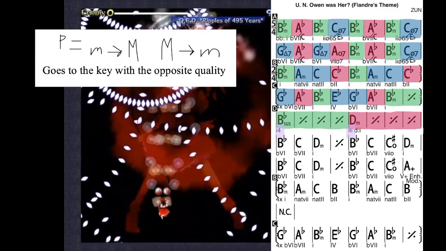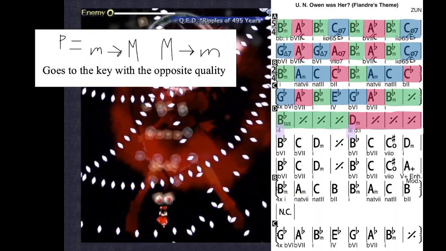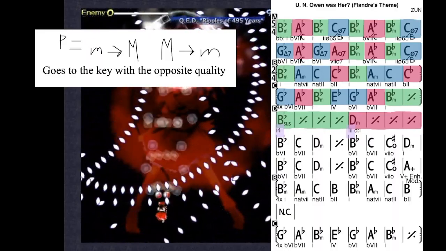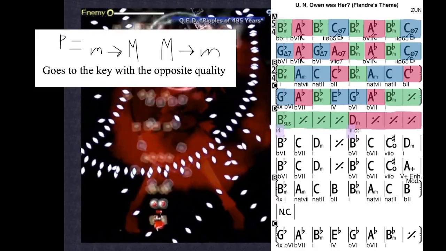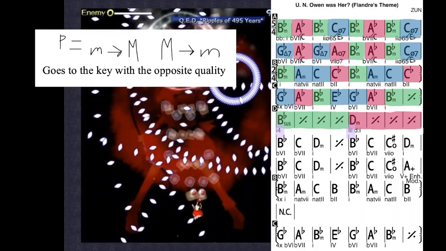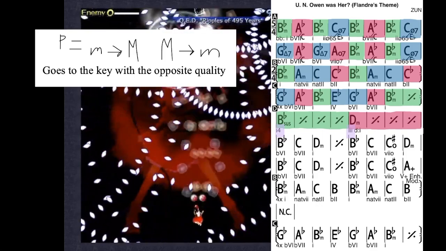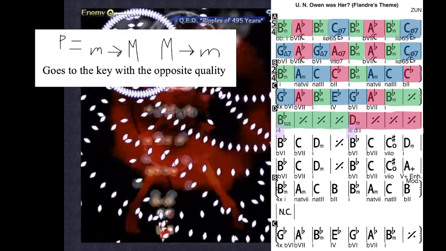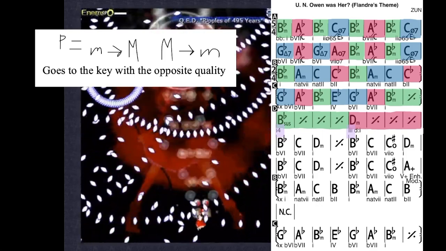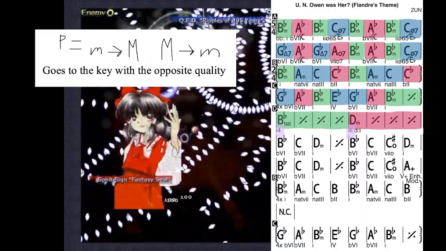Well, the first one is P, which means parallel. It means to go to the scale that has the opposite quality. So if we were in B flat minor and we played something like this, right, that would be like the primary chords in B flat minor. But if we were going to do the parallel relation, this is what would happen.